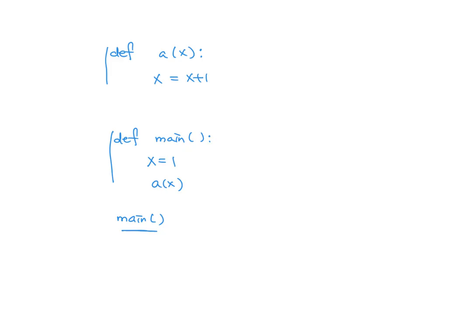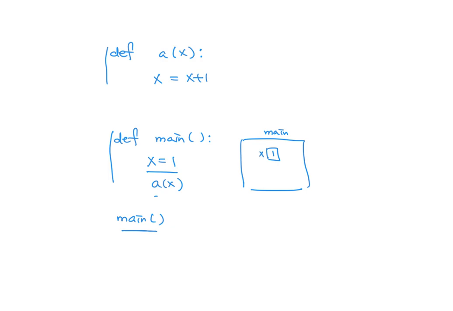At that point, the variable x is created with the value 1 within the main function. So if this is the scope for the main function, within this scope, the value 1 is created with the name x.